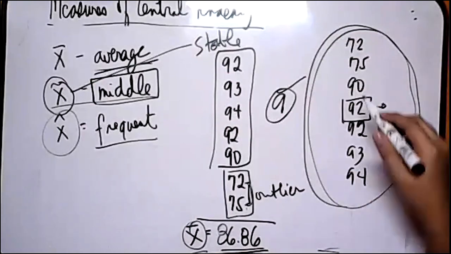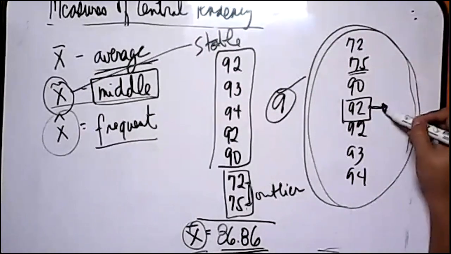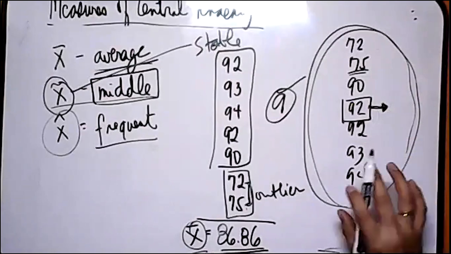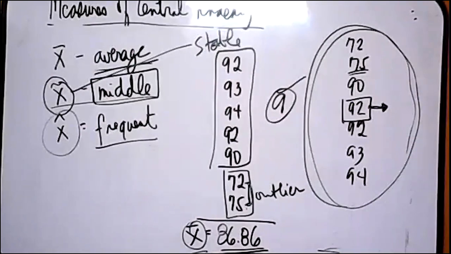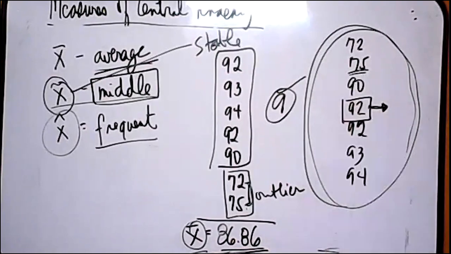So kahit na meron kang 72 at 75, dahil ang middle value natin ay 92, ito ang magiging description ng performance mo in the first semester, and not this mean. In rare cases, ginagamit natin itong median value whenever we have very peculiar elements in our data set, such as our outliers.